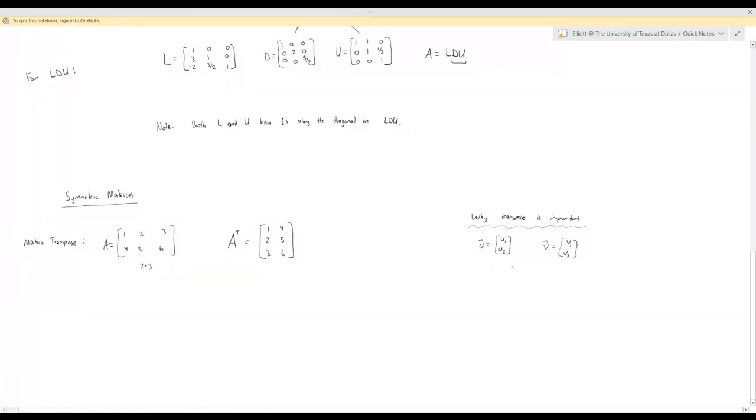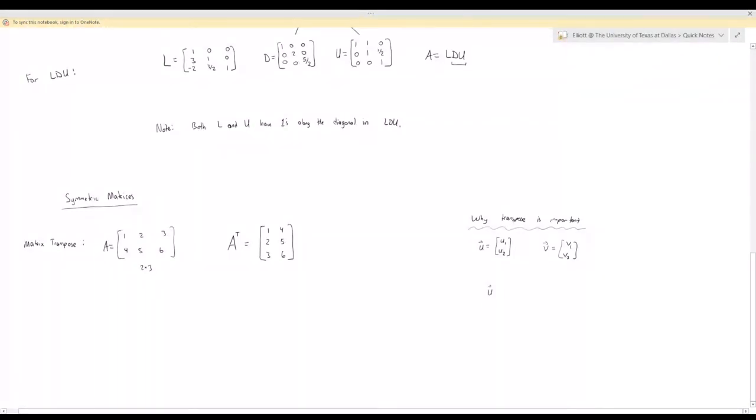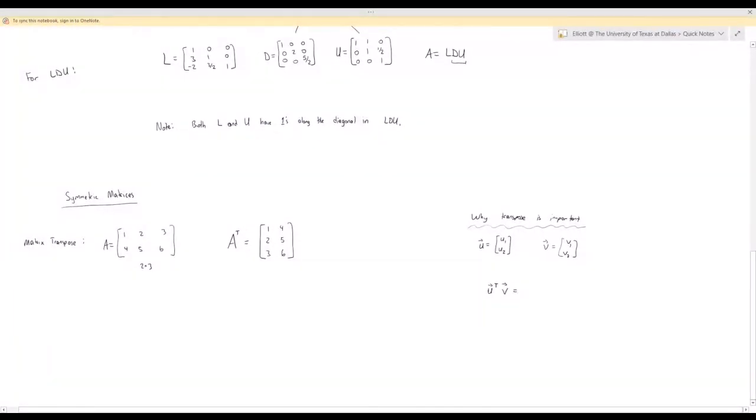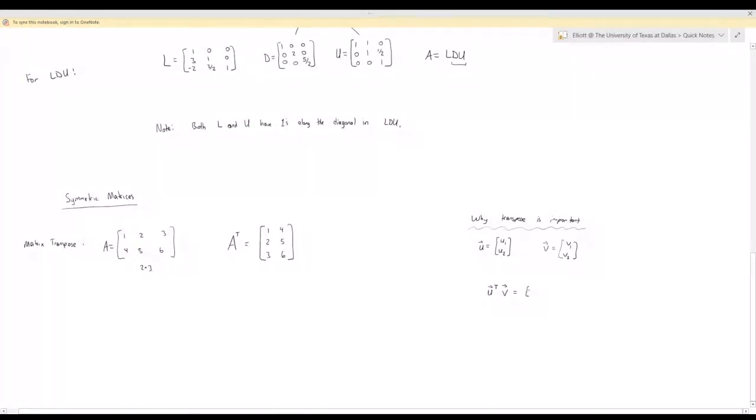Now if I take the transpose of U and then I multiply the transpose with V. Now U is a column, so when you transpose it, it becomes a row.